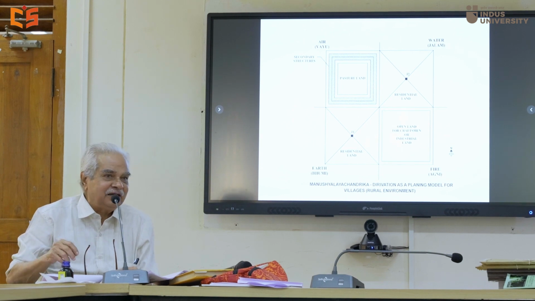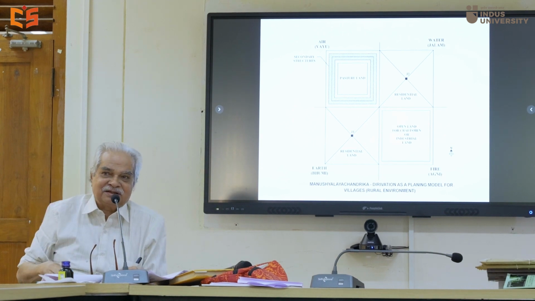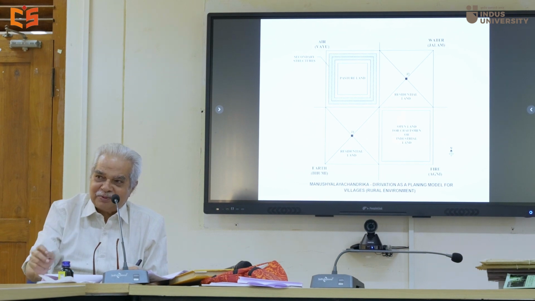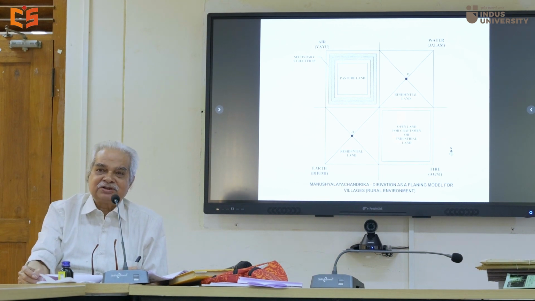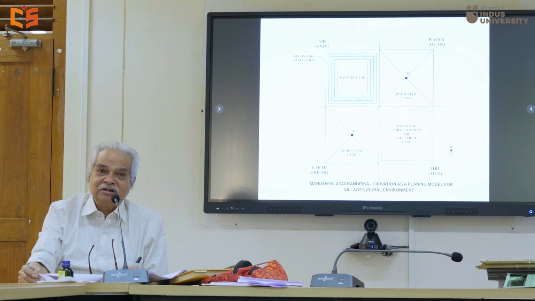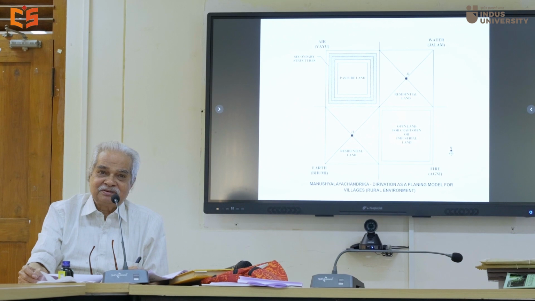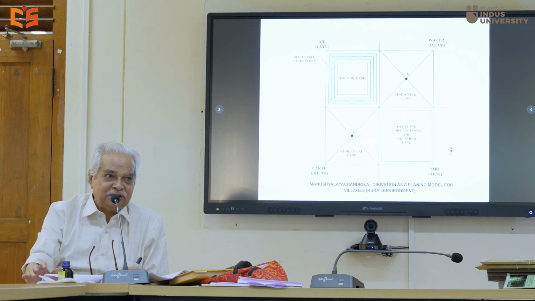That becomes an area where input of energy is there. And most interestingly, these 4 quadrants represent the regions of 4 of the Pancha Mahabhutas. The northeast represents water. The southwest represents Bhumi.